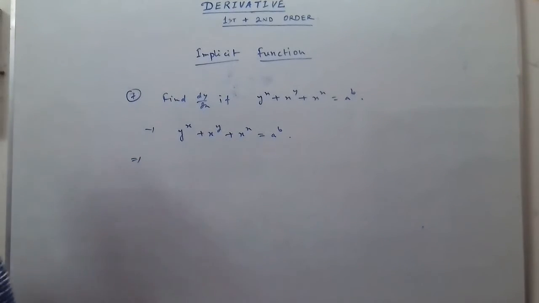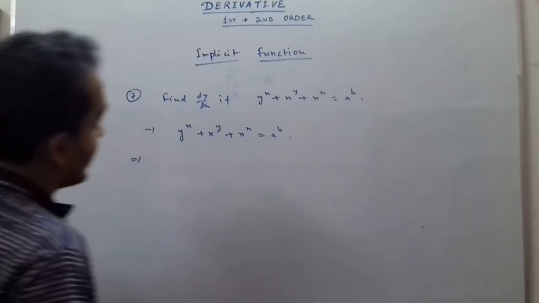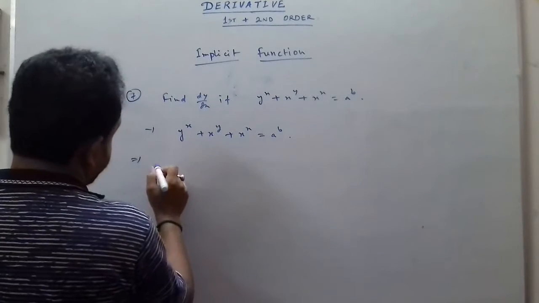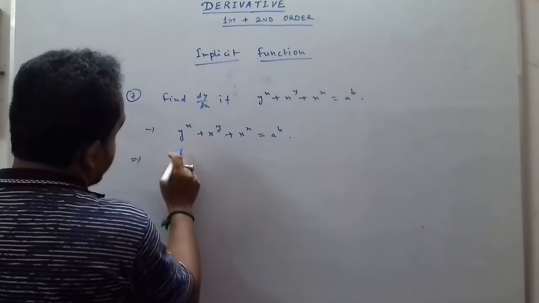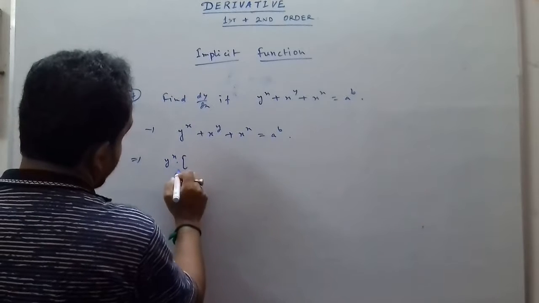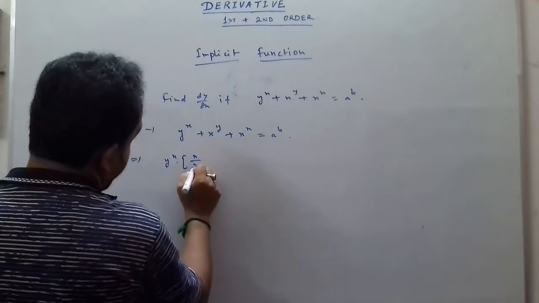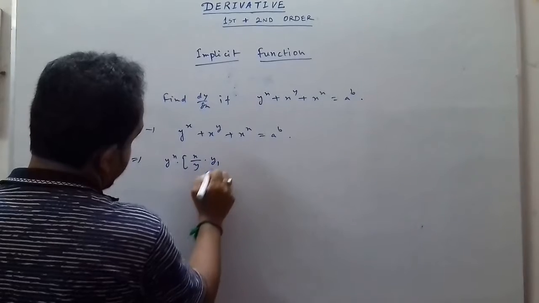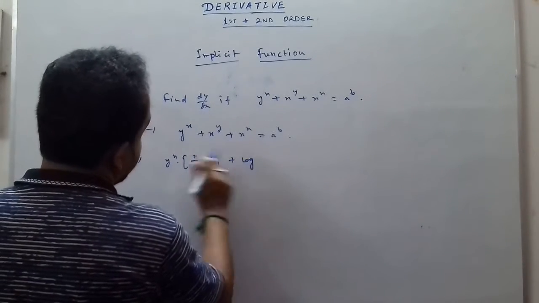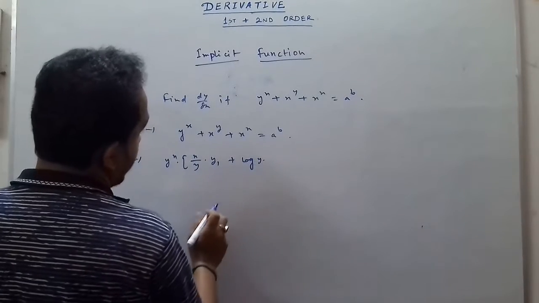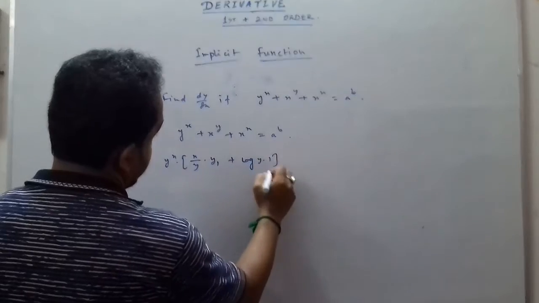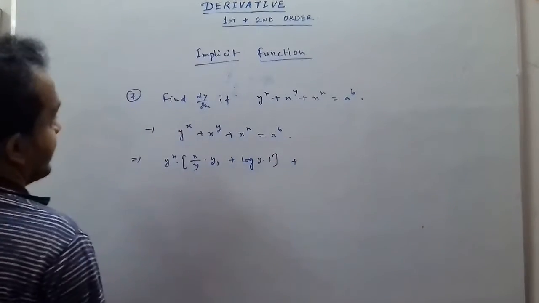So using the exponentiation law of differentiation, we get the derivative of this term, y power x, into exponent by base into derivative of base, that is derivative of y equal to y1, plus logarithm of base, y log y, and derivative of exponent, that is derivative of x, equal to 1. This is the derivative of the first part.